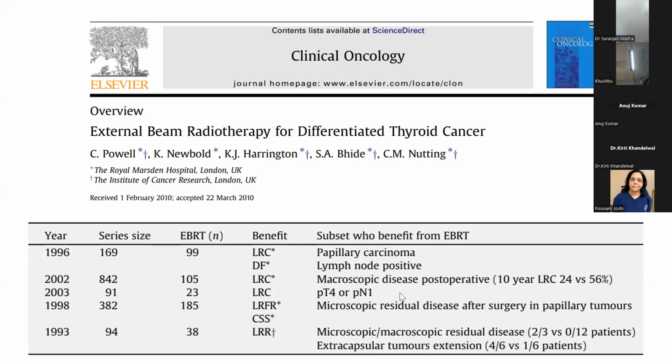No problem. I'll continue. So we have a review article that was published from the Royal Marsden on external beam radiation therapy for thyroid cancers in differentiated thyroid cancers.